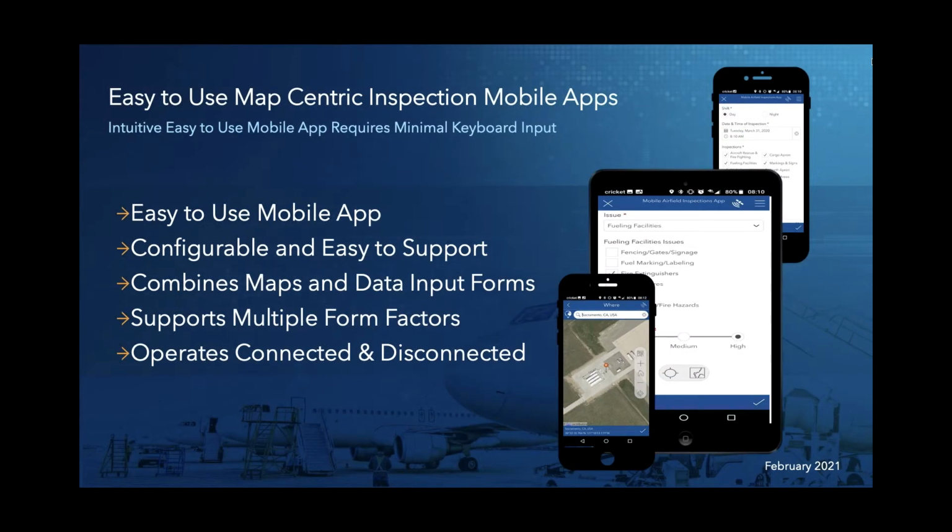Really, the heart of the solution is this easy-to-use mobile app. It's easy to configure. It can be adapted to each airport's local requirements in terms of runway and taxiway layout. It combines maps and data input forms, and it operates either in a connected or disconnected mode.